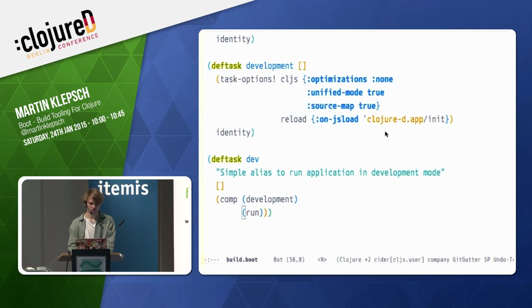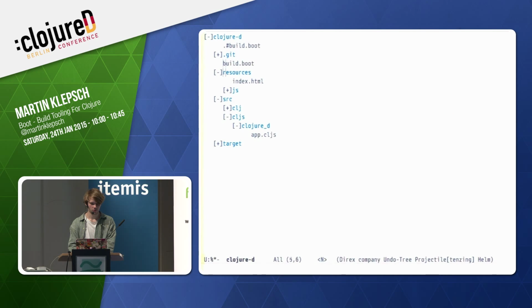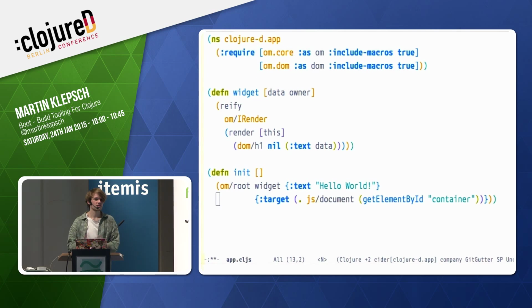And now let's jump into more of the project. So let's take a look at the app.cljs file. And what I think is very important to notice here is that this is the only ClojureScript file in the project. So there's nothing else. And it doesn't contain anything that is specific to what I will show you next. So it's really just our application.